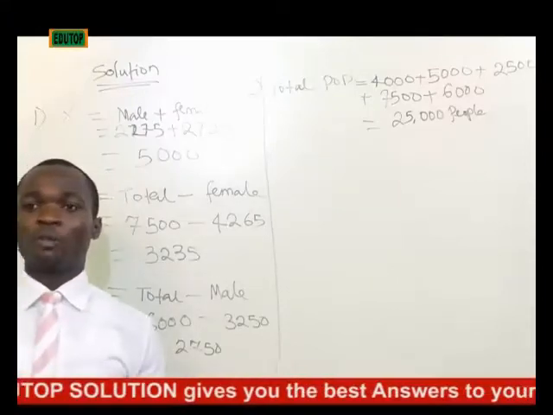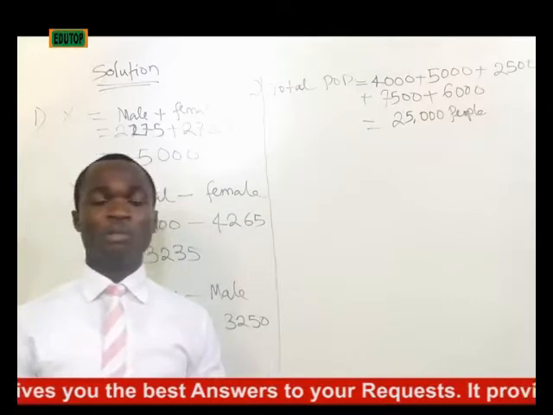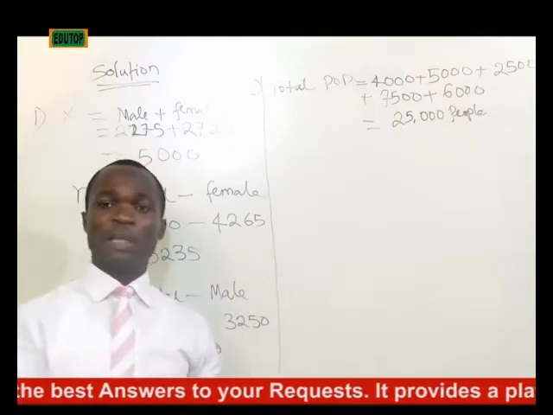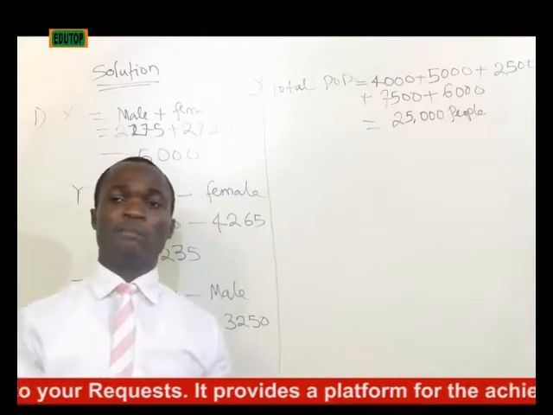Females from 13 years down to 0 years, and we know the total, and we find out that for the male, we know the total, and then we find their difference.